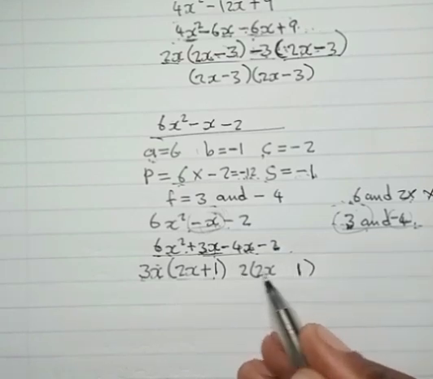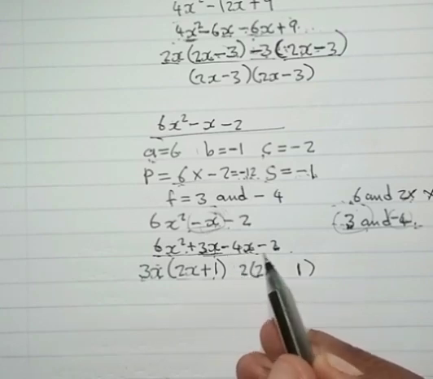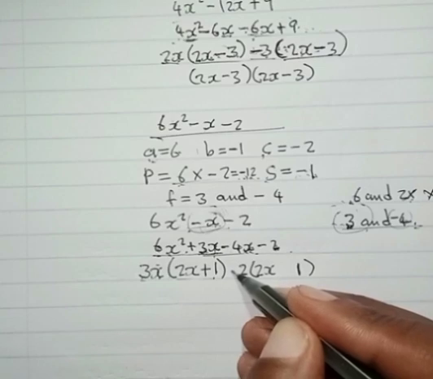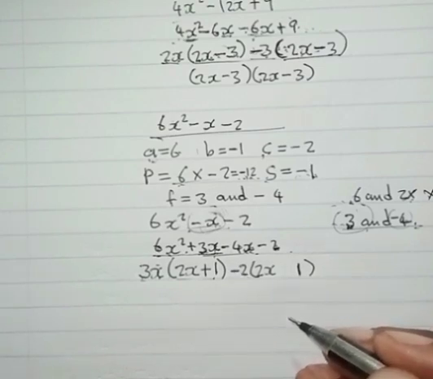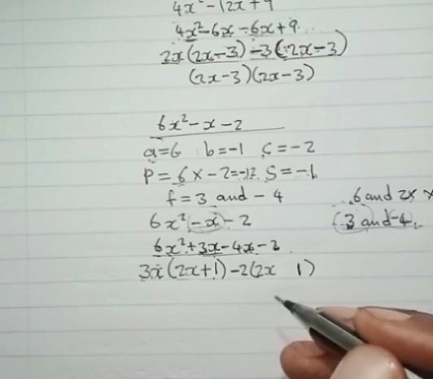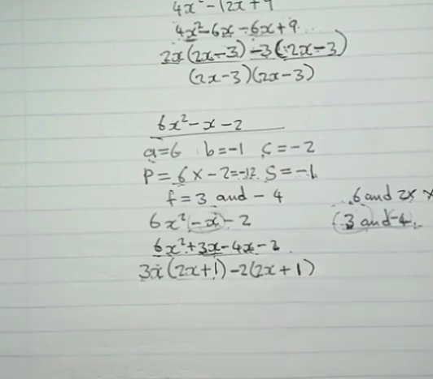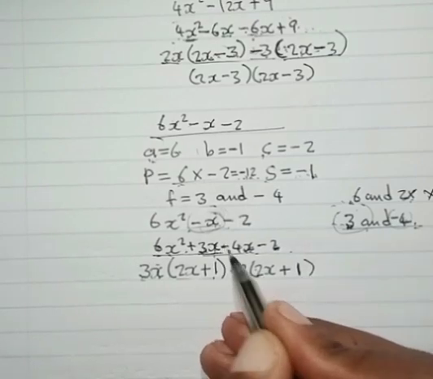Now, what signs will make sense here so that we can get back the original expression? If I put a negative here and a positive here, is it going to make sense? Let's try. Negative times positive, we get negative.